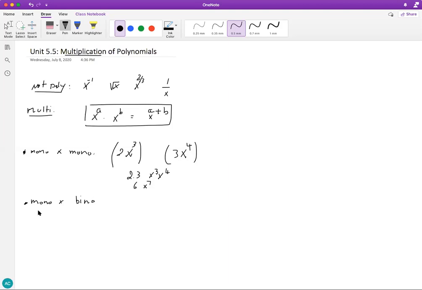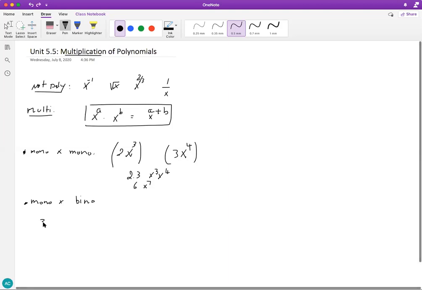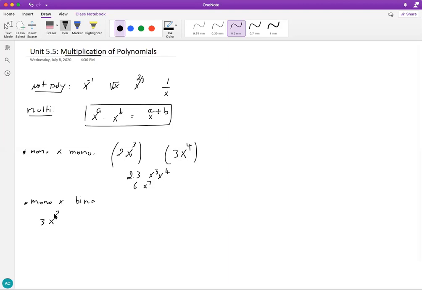Bi means? 2. That's right. So if we take a monomial here and multiply that by a binomial, some two terms, for example, let's say 4x to the third and maybe some 8x. So a multiplication here between this term and these two terms.